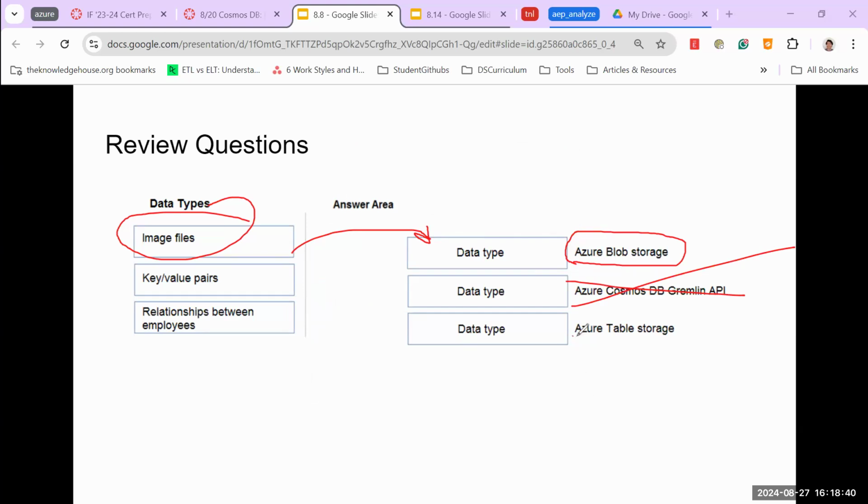Let's go over to Azure Table Storage. All right, so which data type, excluding image files, fits into the Azure Table Storage service? Is it key value pairs or relationships between employees? Pause the video, look back to your slides if you need to. All right, so hopefully you chose key value pairs.